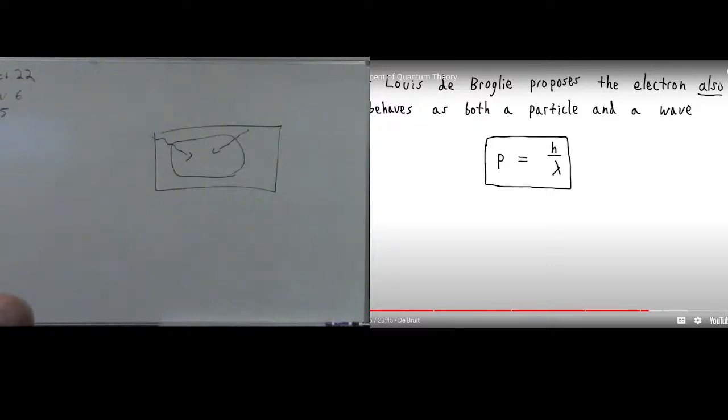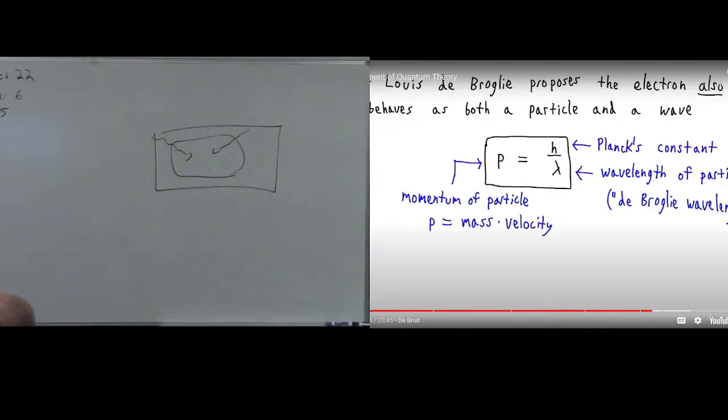And he also provides a formula in order to determine the wavelength of the particle in question. He says that the momentum of the particle, which is mass times velocity, is equal to Planck's constant divided by the wavelength of the particle. And this wavelength is now called the de Broglie wavelength.